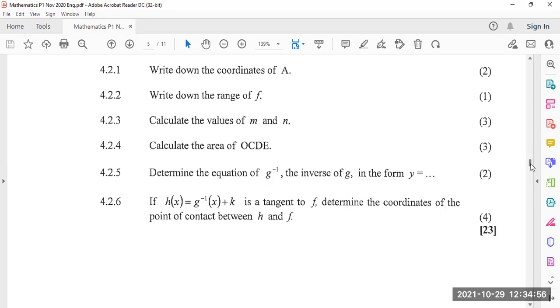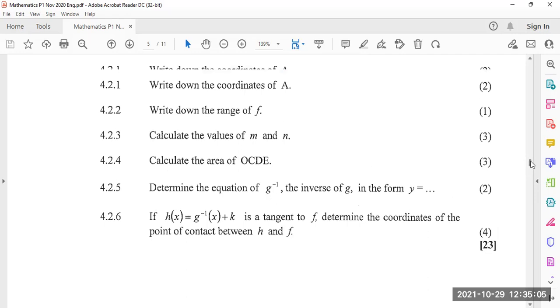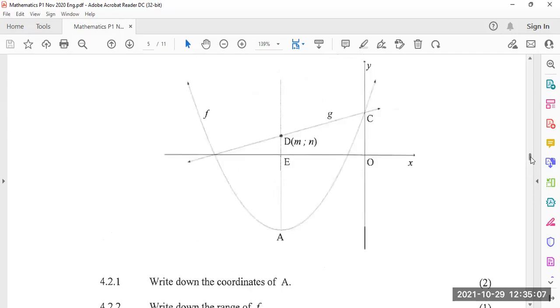4.2.4, what does it say? 4.2.4, calculate the area of OCDE. Which one is that one? OCDE.